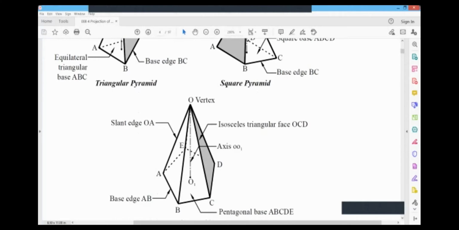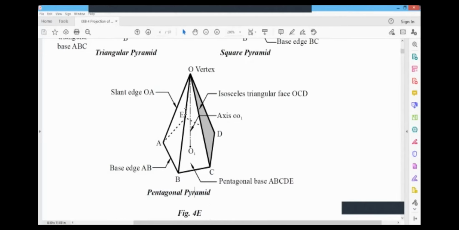And the pyramid can be a pentagonal based pyramid A, B, C, D, E, and A, which represents a pentagon, or a hexagonal based pyramid also can be imagined as such.